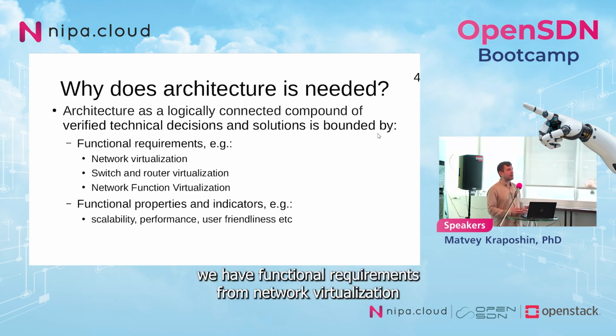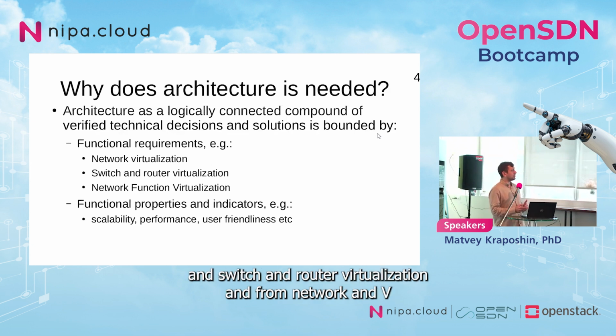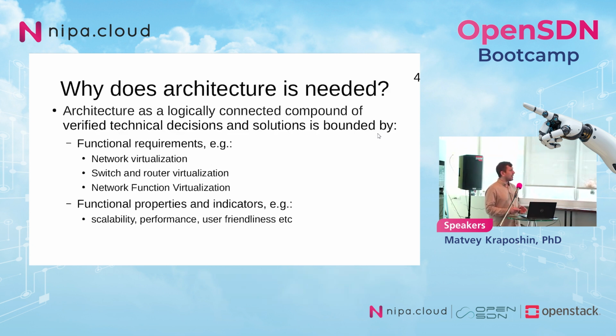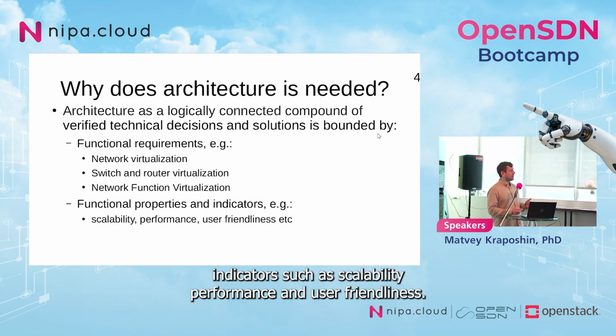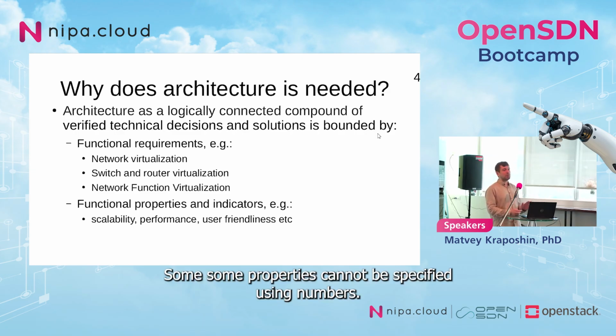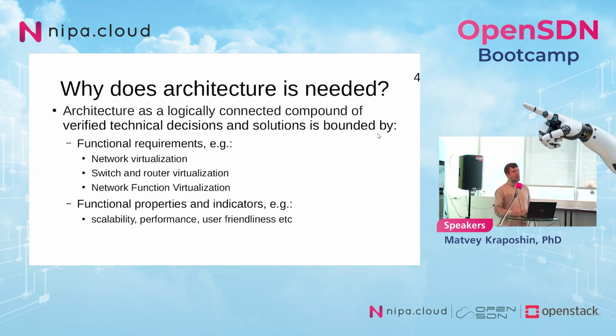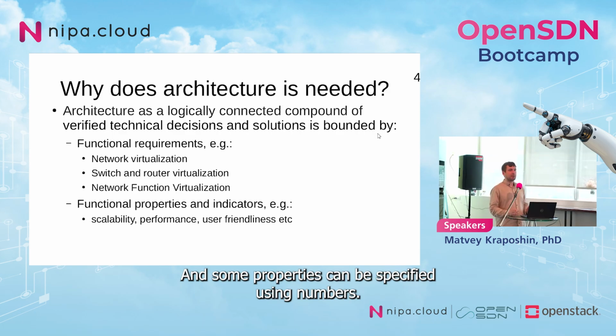We have functional requirements from network virtualization, switch and router virtualization, and from NFV. And we have functional properties and indicators such as scalability, performance, user friendliness. Some properties cannot be specified using numbers, and some can.